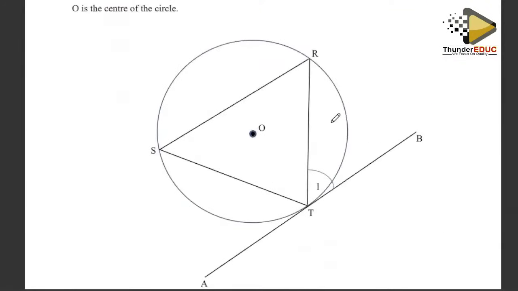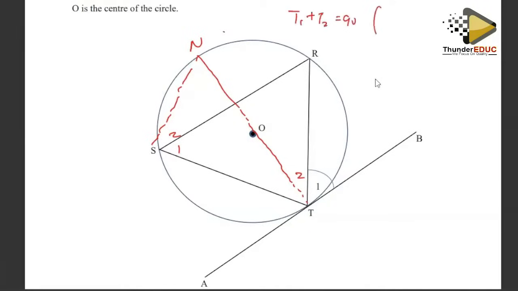All right, question number 9. They want us to prove angle N. Let's call it N. Okay, so even this one, we can call it a 2 if we so wish. Then they go on and tell us that T1 plus T2 is a 90. The reason is tangent perpendicular to the radius.